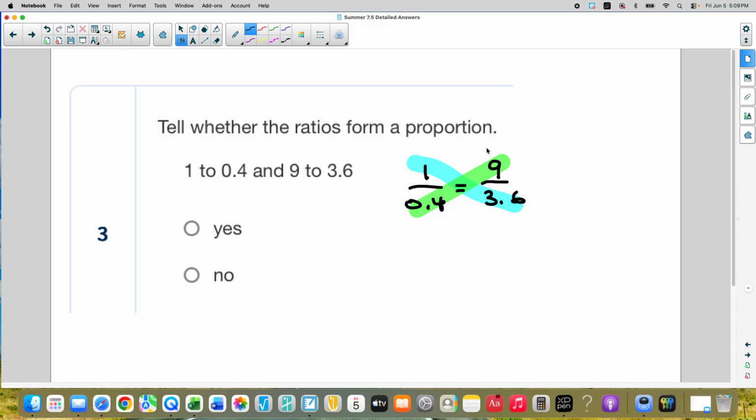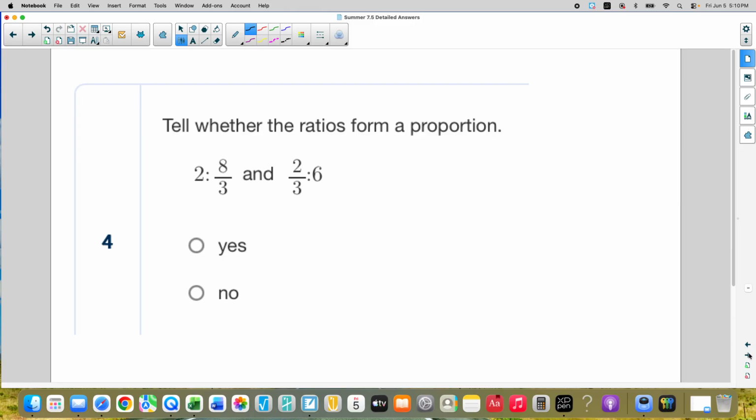And we have that equals 3.6, and that equals 3.6. So since these are equal, these ratios are also. So that is a big yes. How did I multiply 9 times 0.4? 36, 2 decimal places. That gives me 3.6.